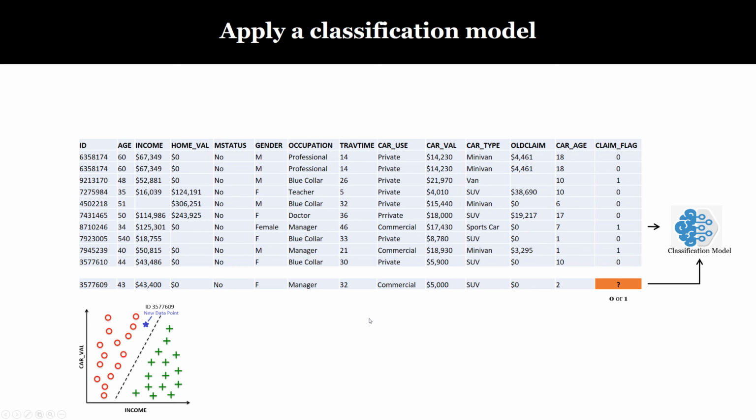There are many classifiers. And how does the classification work in this case? So let's look at two dimensions here. In this case, let's assume we're picking only two dimensions or two columns from the data, the income and the car value, for example. The income and the car value.